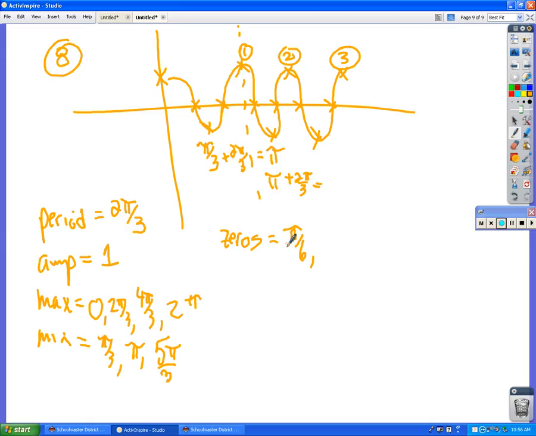But since my denominator already is pi over 6, instead of adding a pi over 3, I'm going to add 2 pi over 6. So pi over 6 plus 2 pi over 6 is 3 pi over 6, which reduces to pi over 2, because 3 goes into 6 twice.